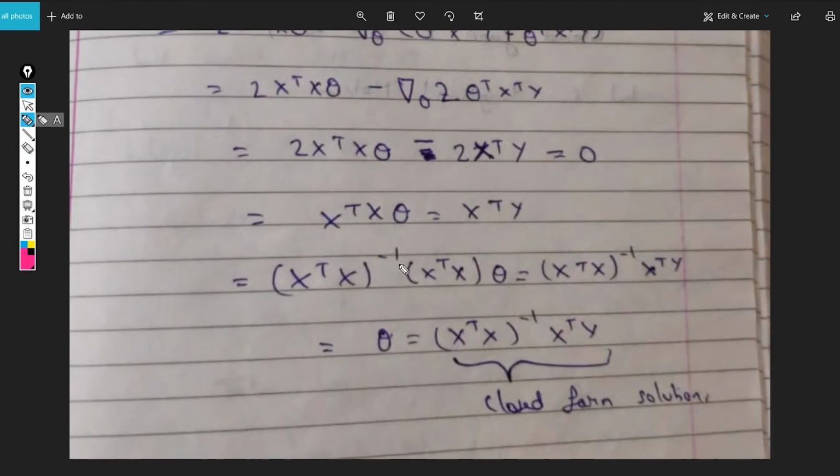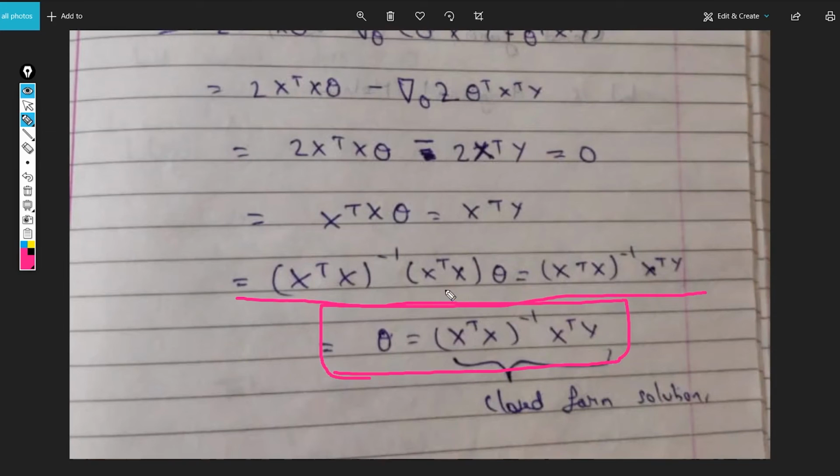Okay, now the next thing that we are going to do here is that we are just going to multiply both sides with this term. So x transpose x inverse and x transpose x inverse, and we can multiply them both sides, because they are going to cancel each other out, so it's not a big deal. And now if you will see here, we can just make some adjustment to this line, and we will have this formula.